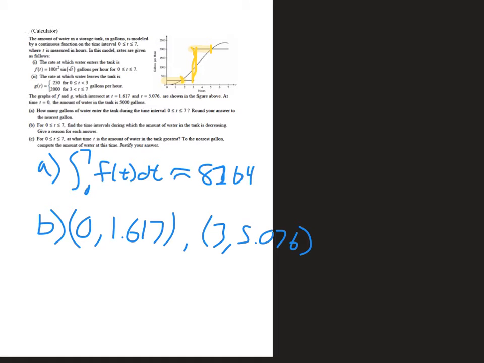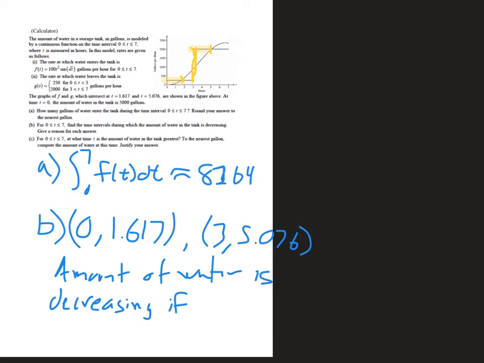And that again is just because the amount of water, I'll write it out this time, the amount of water is decreasing if g of t is greater than f of t. That's all we need to say there, I think.